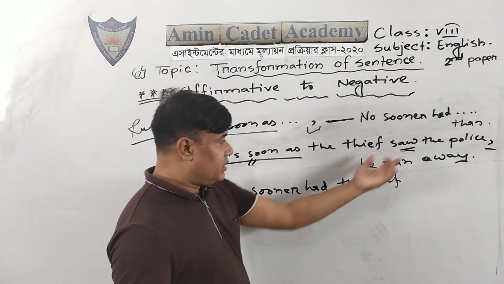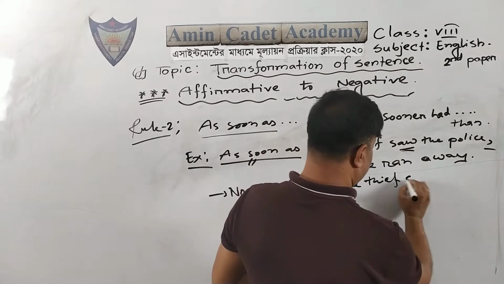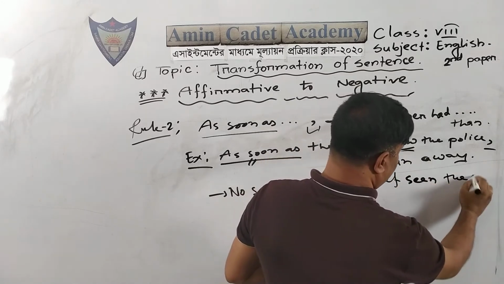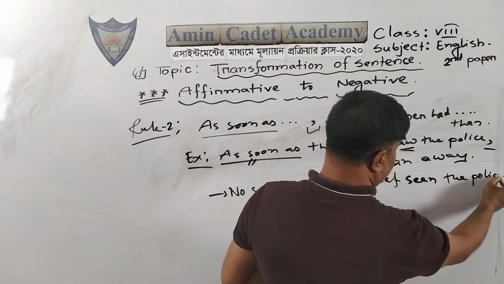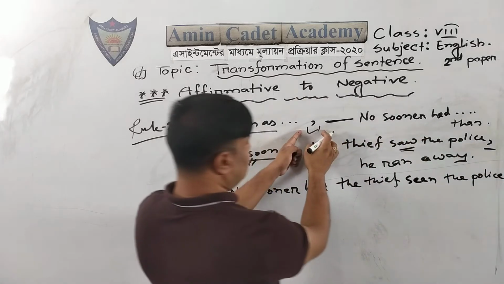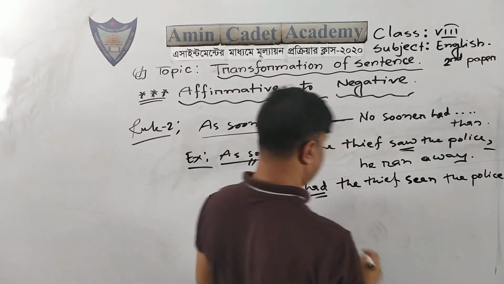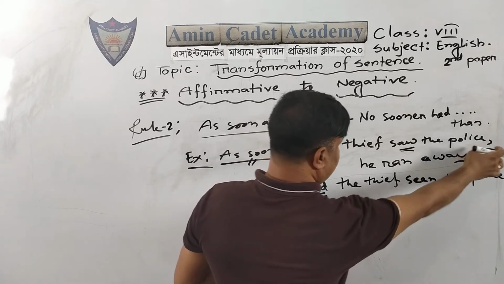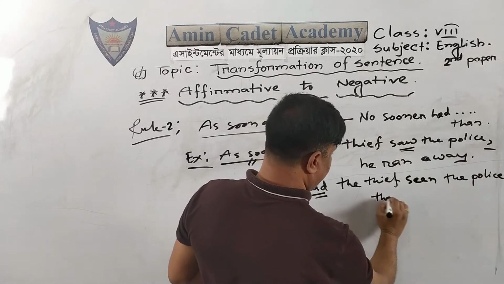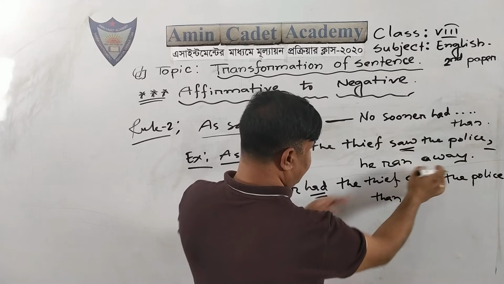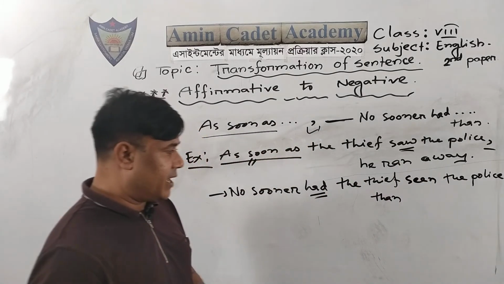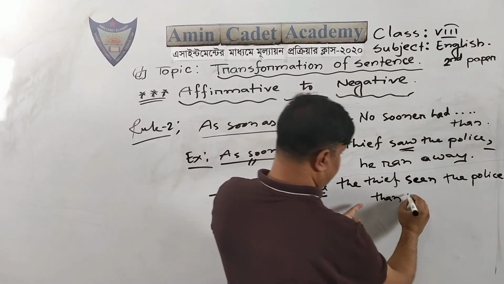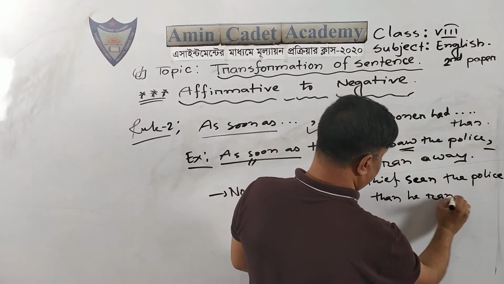Now you should write here seen. See, saw, seen the police. Now instead of comma, you should write then. So: no sooner had the thief seen the police, then the next clause remains the same. Here there will not be any change. Okay? Now write he ran away.